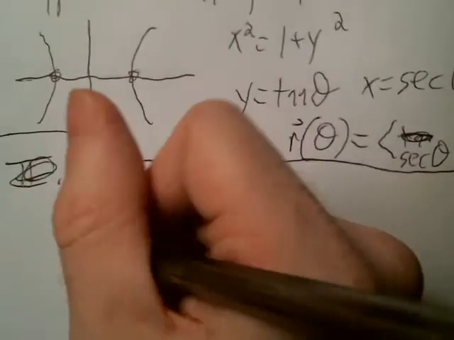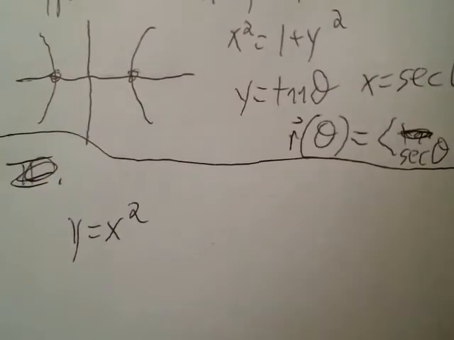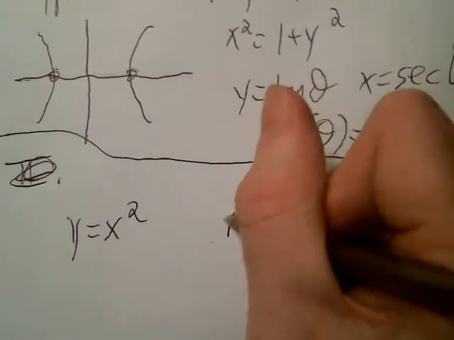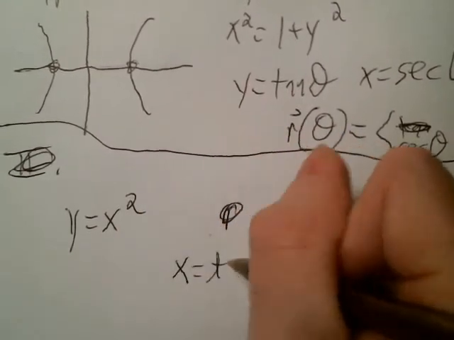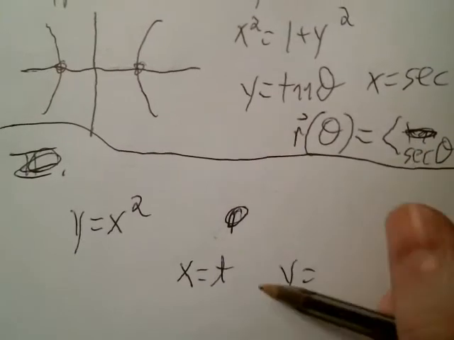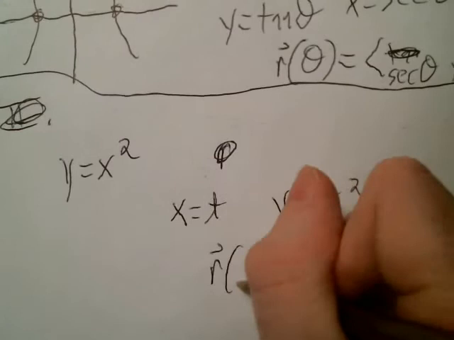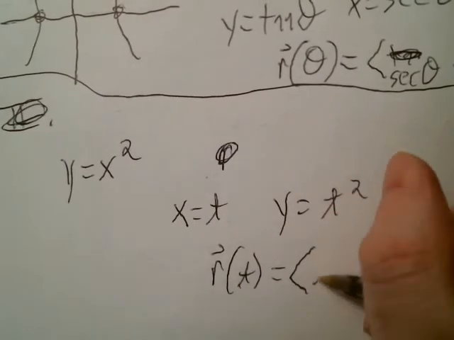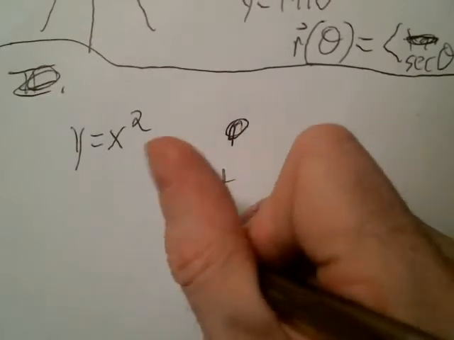If you have anything like y equals x squared, you could literally turn it into a vector valued equation by just letting x equal t, right? So if x equals t, then y equals what? Well, y will equal t squared. So your vector value function, in that case, r of t, will be t comma t squared. Okay? And that would be your curve.